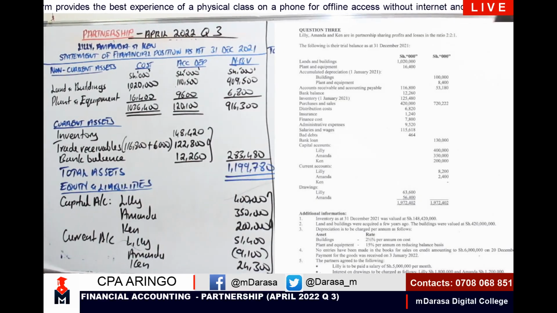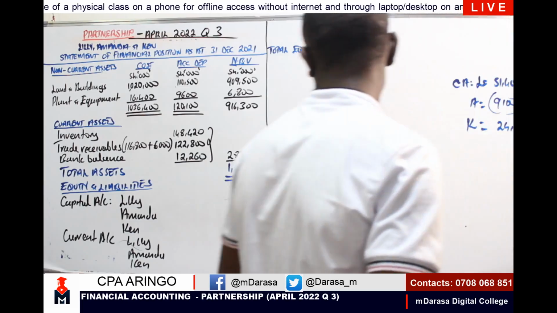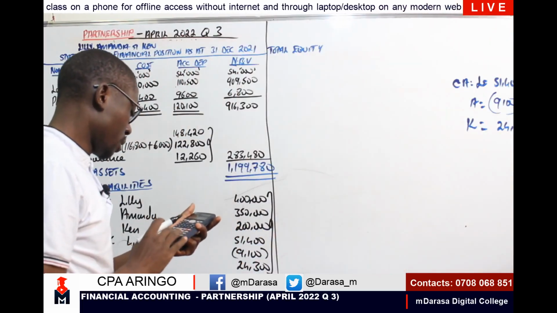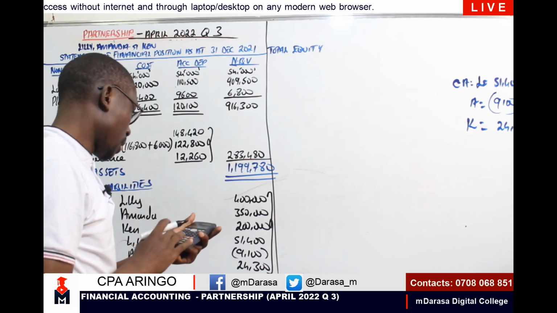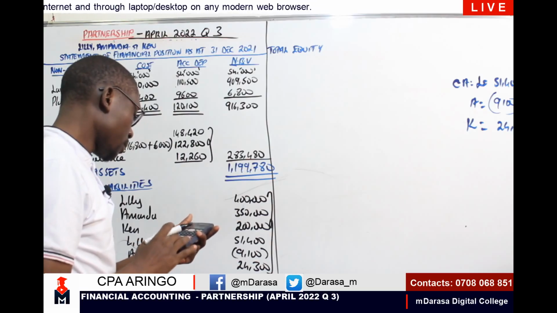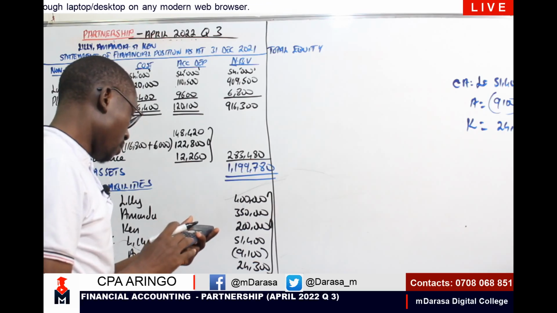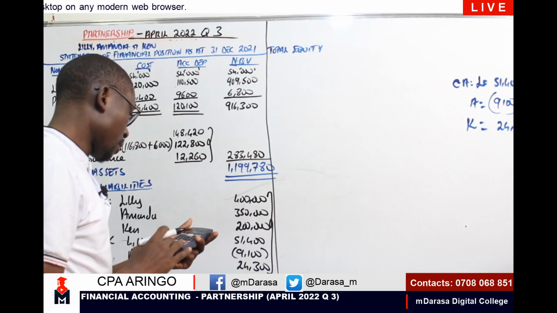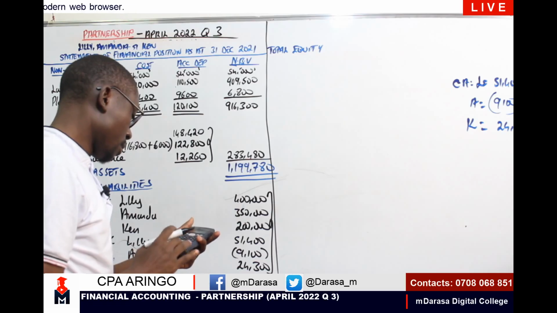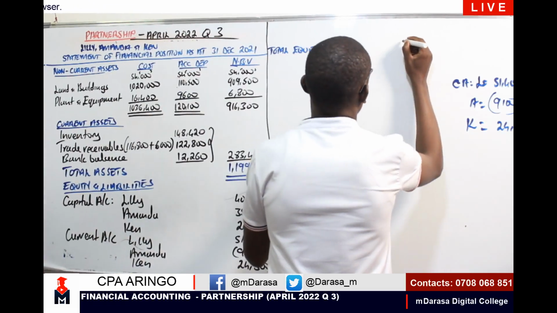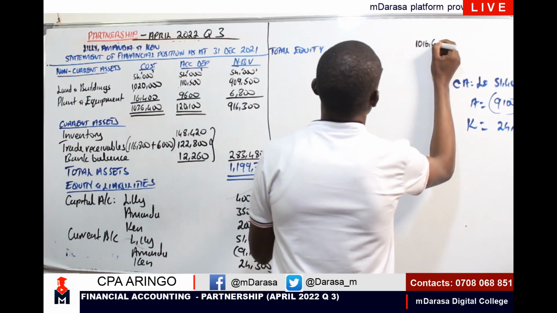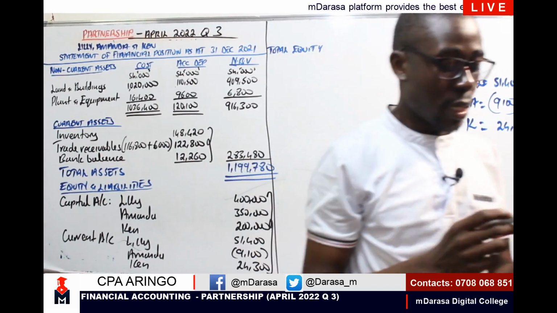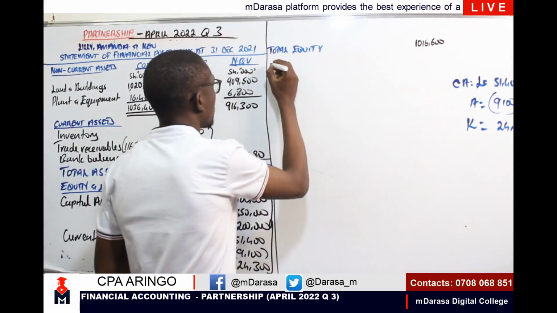I'm going to take 400,000 plus 350,000 plus 200,000 plus 51,400 minus 9,100 plus 24,300. I'm getting a figure of 1,016,600.